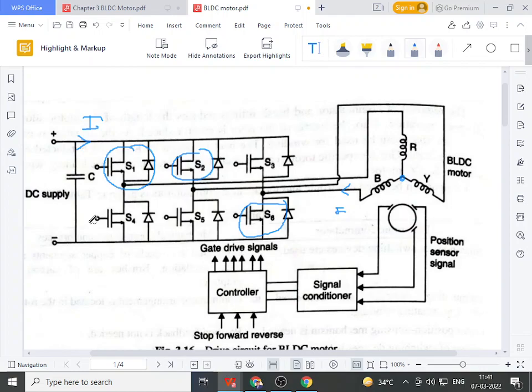Why is this so? Because I have already told that the magnetic field developed by stator is a rotating magnetic field, meaning the conduction mode is 180 degree conduction mode. So after each switching sequence, there will be shifting of stator magnetic field by 60 degree in forward direction.